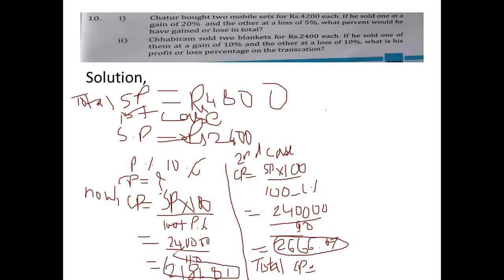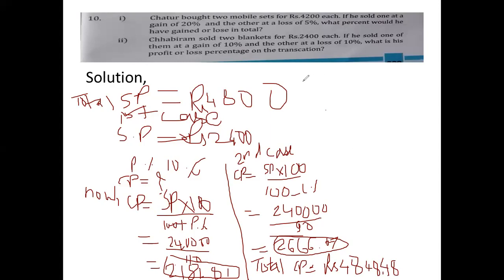When you add these two values, you will get the total CP. Total CP you will get is rupees 4848.48. Here will be the point, okay?